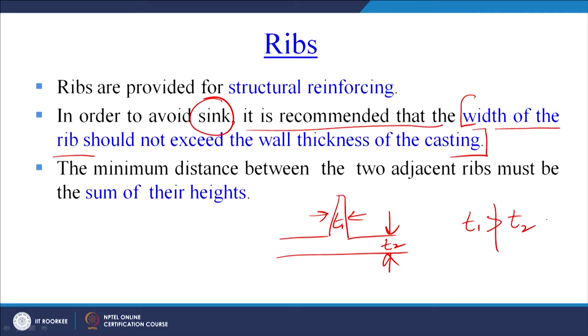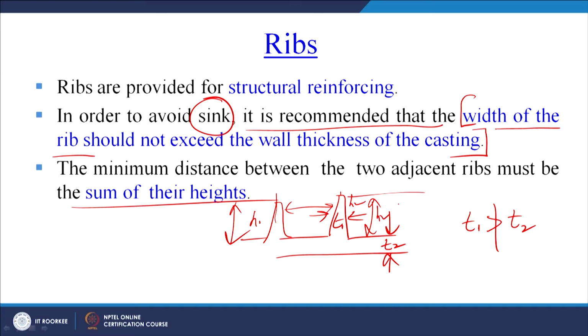The minimum distance between two ribs, now suppose there is another rib here, must be the sum of their heights. Suppose the height here is H1 and here it is H2, or they can be of the same height also.